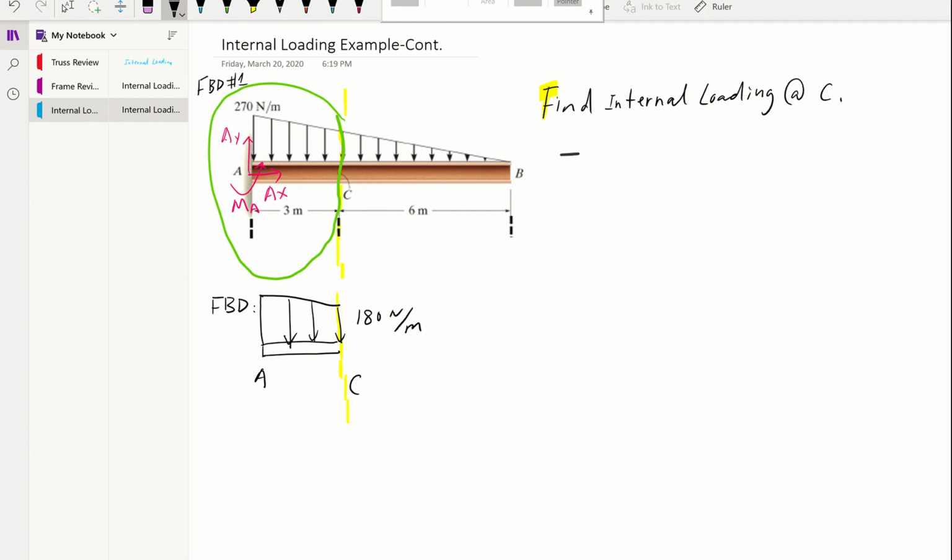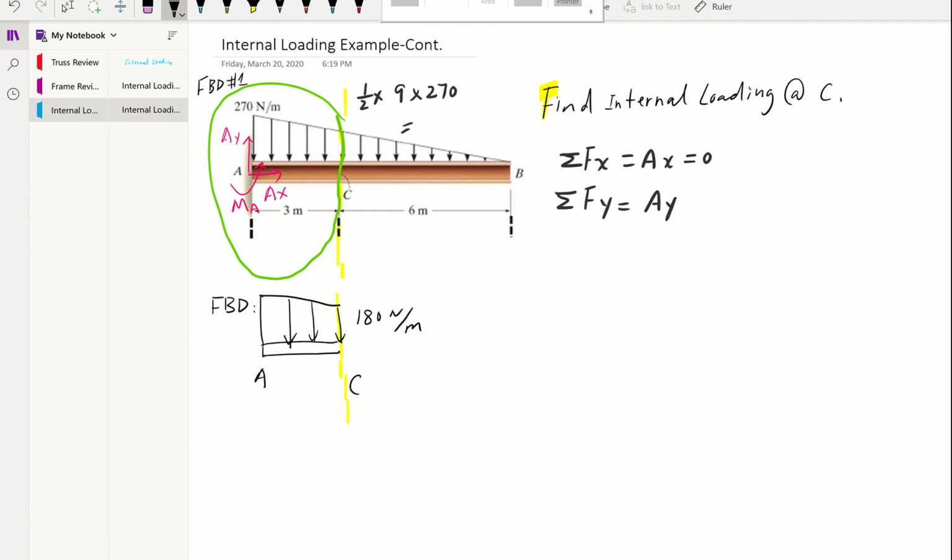Immediately, from forces in the X direction, AX will be equal to 0. Then let's look at forces in Y. We'll have AY going upward, and going down is this entire distributed load, and that's half, base is 9, and the distributed load height is 270.